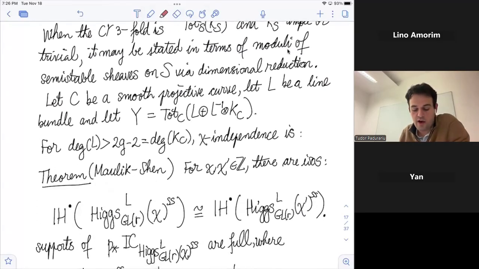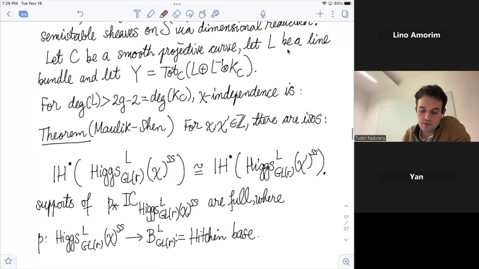So if the degree of L is larger than the degree of the canonical bundle on C, so we're in this L twisted Higgs case where it's a smooth stack, so the BPS sheaf is the IC sheaf, then the chi-independence is proved. So there is this theorem of Maulik and Shen that intersection cohomology of L twisted semi-stable Higgs bundles of rank R and degree chi is isomorphic to the same space where we change the degree to chi prime. Of course, these spaces are smooth if chi prime is coprime to R, but they are not in general.